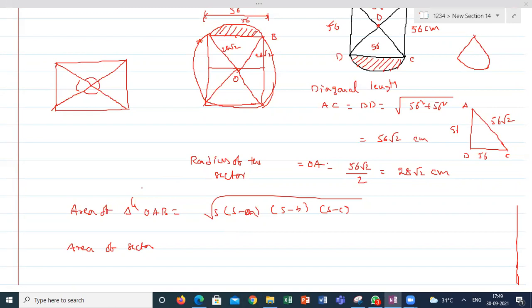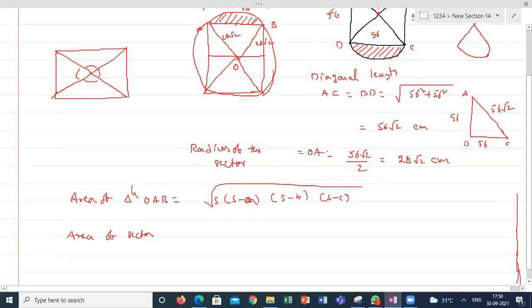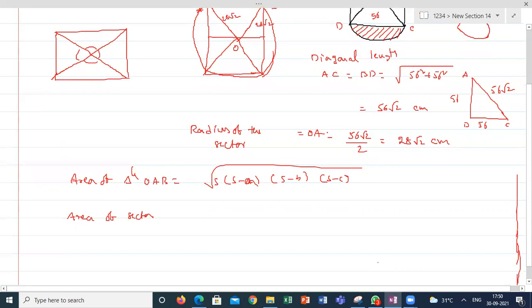Yeah. So the crucial thing here is calculating the area of the sector without the angle being given. How can we calculate the area of the sector?